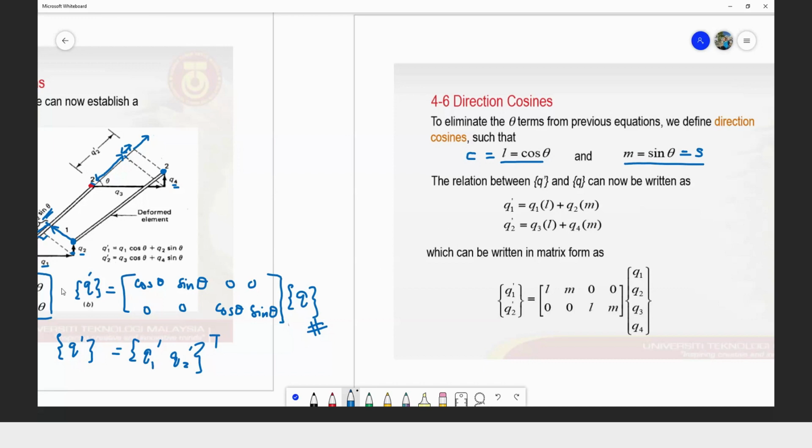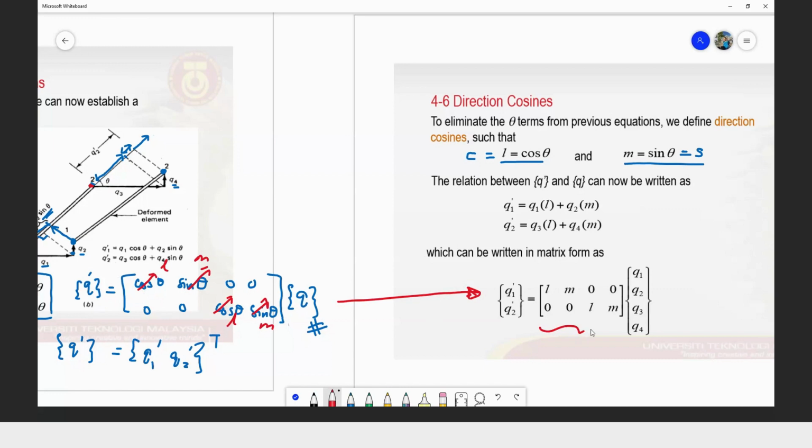So when we have this equation, we can replace cos with L and sin with M, and the same for this one, L, M. If we rewrite this, we get the same thing here.